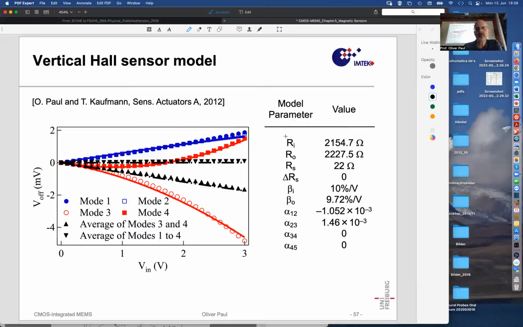And so with resistances Ri and Ro, with these values, and then Rs much smaller because it's metal, 22 ohms, and then some little asymmetry of the resistances of 1 part per thousand, so 0.1% in inequality of resistances, and then a little bit of differences between these beta coefficients.